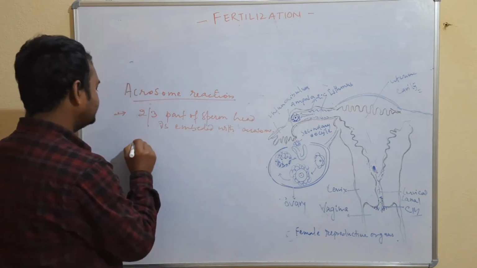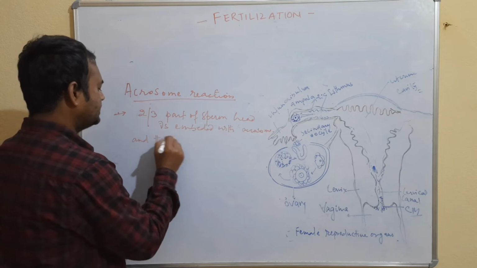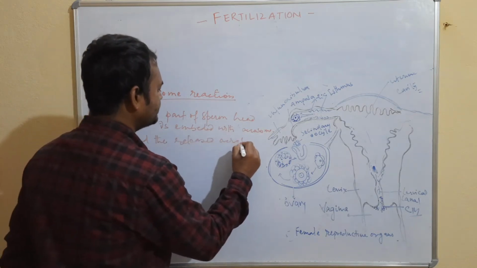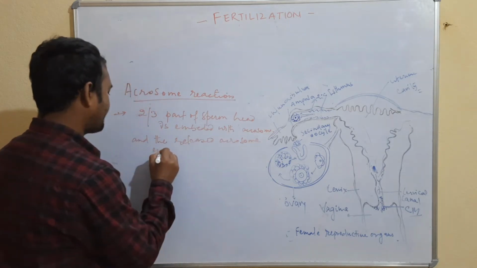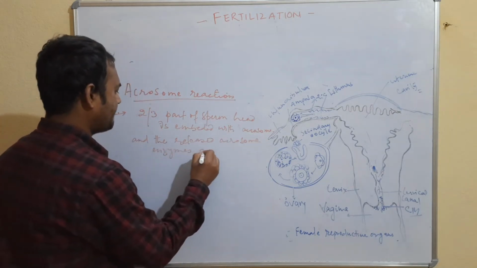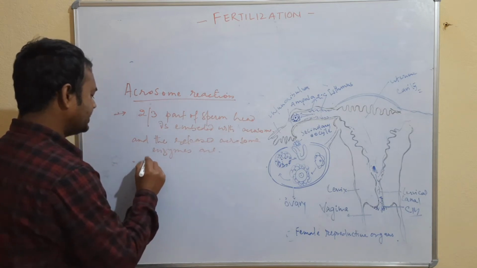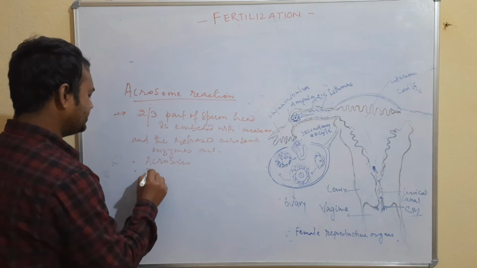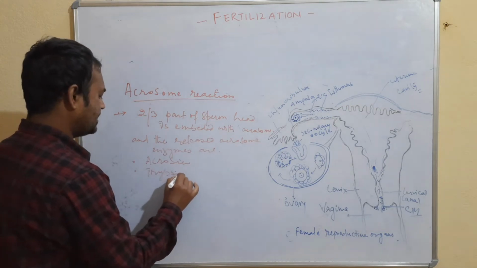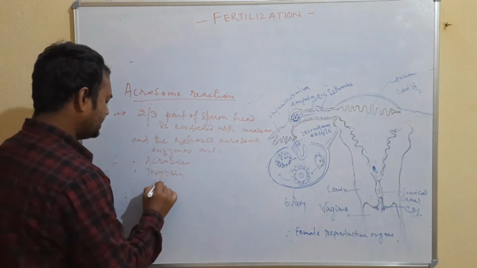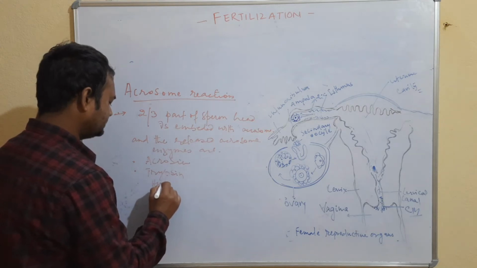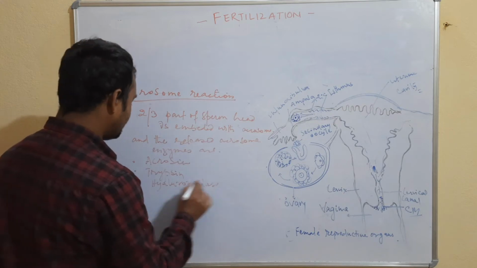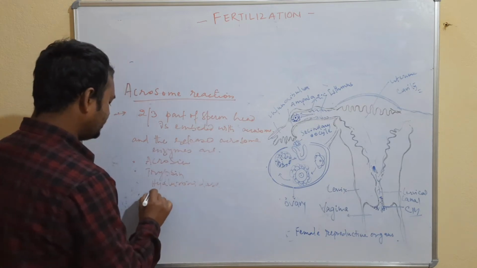The released acrosome enzymes are, first, acrosin, second, trypsin, third, hyaluronidase, and other proteases.